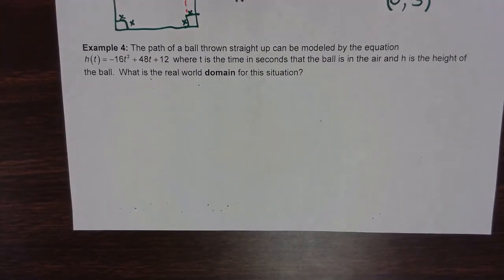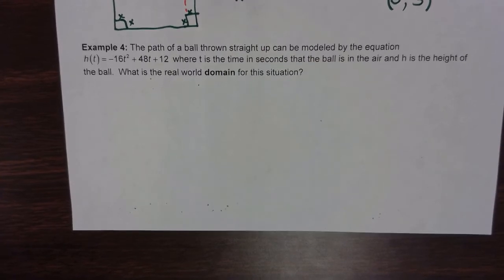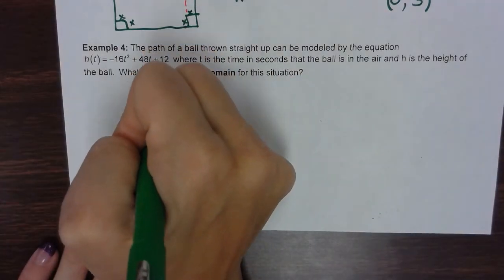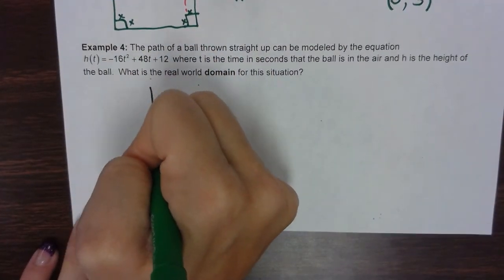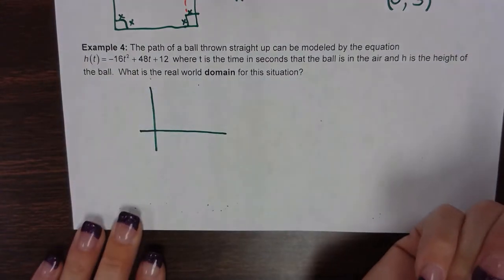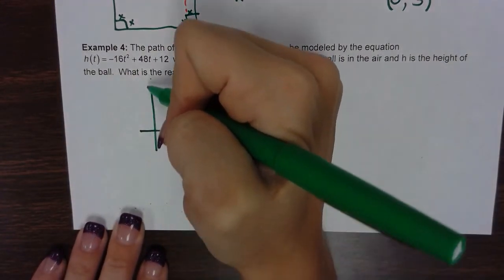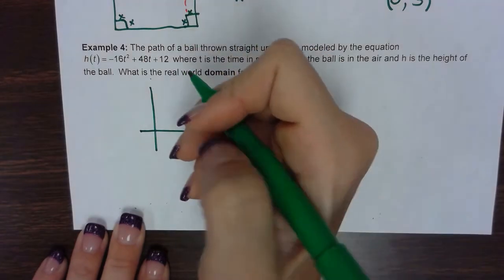Example 4. The path of a ball thrown straight up can be modeled by the equation h of t, where t is the time in seconds that the ball is in the air and h is the height of the ball. Okay, so our x-axis is the time and our y-axis is the height of the ball.